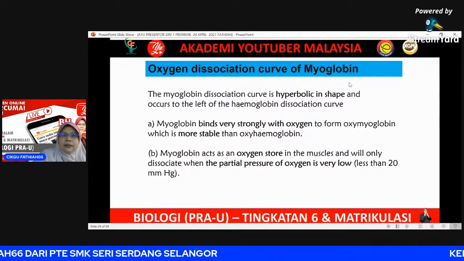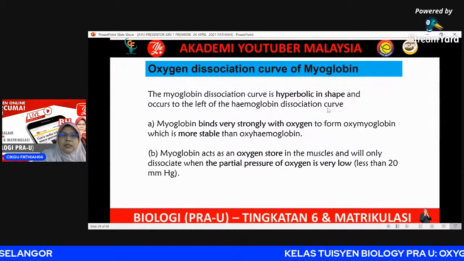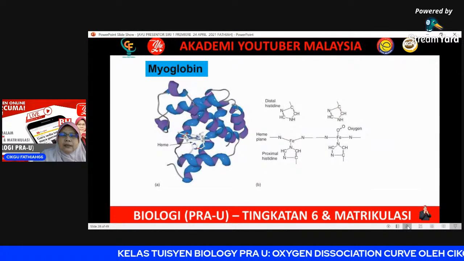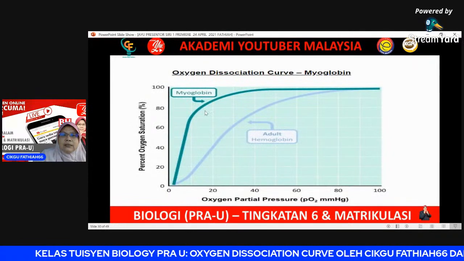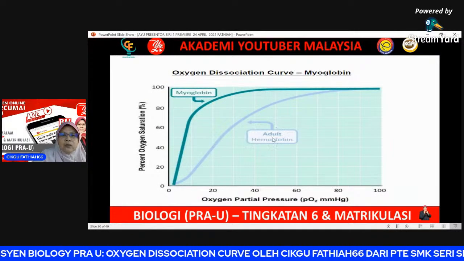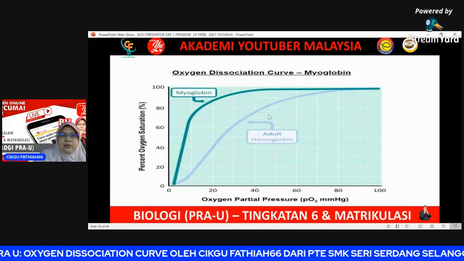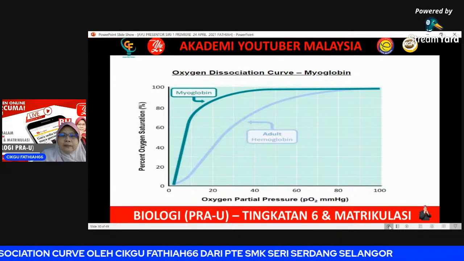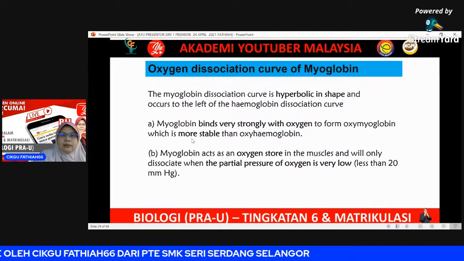Okay, myoglobin has a hyperbolic shape and occurs to the left of the hemoglobin dissociation curve. Left meaning affinity toward oxygen is higher compared to adult hemoglobin.